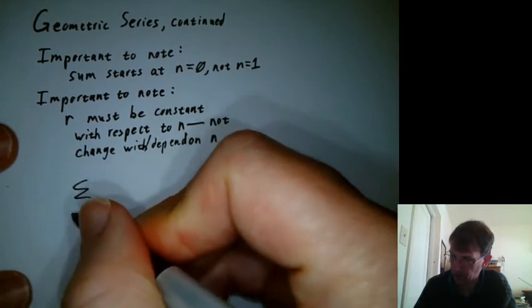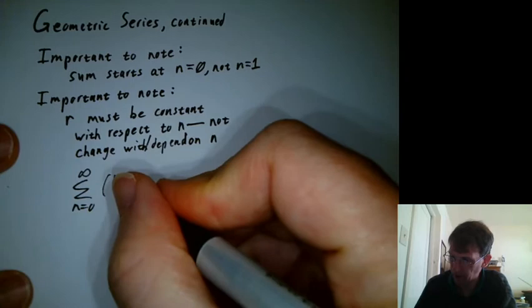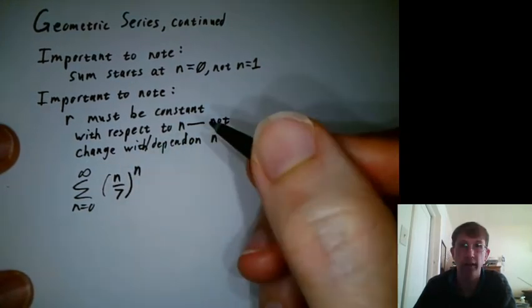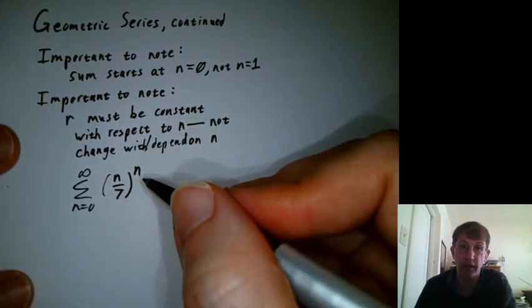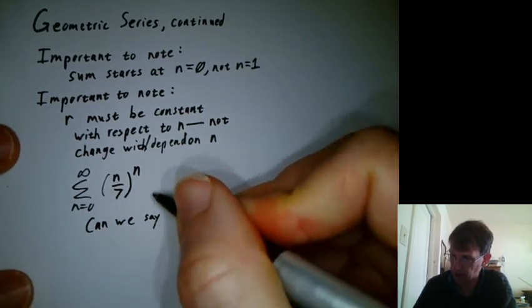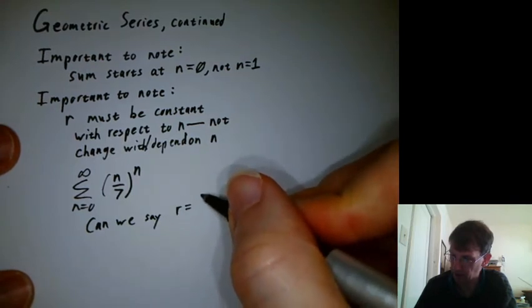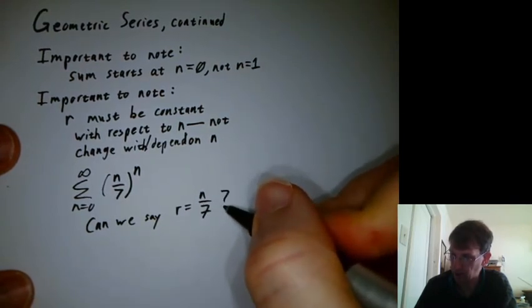If I had the sum n equals 0 to infinity of n over 7 to the n, that's something to the n. Can we say that the something to the n is r to the n, so r would be equal to n over 7?